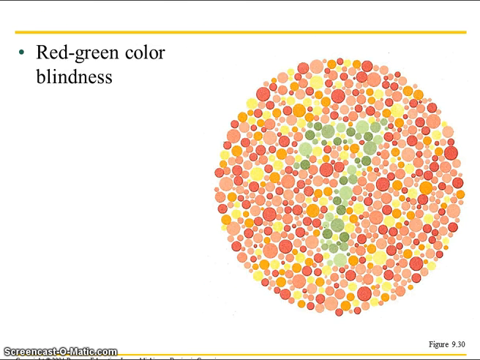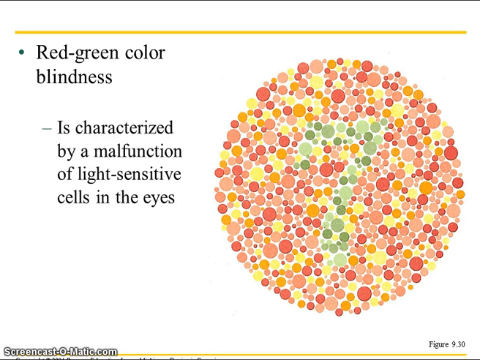One example is color blindness. So we have these cone proteins in our eyes that take in color and tell us about it. What you should see here is a 7. If not, you're colorblind. You can't see the red versus green cones. Those light sensitive cells are cones. And unless most people take this test, they won't know that they're colorblind.